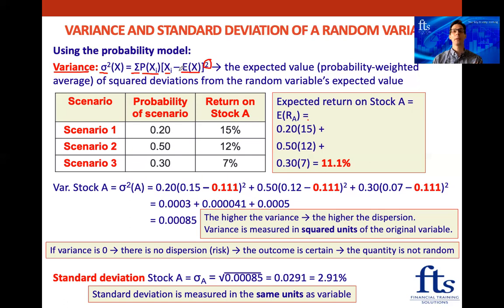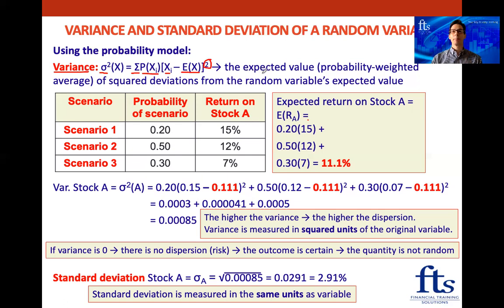So now we're going to call it the squared deviation from the expected value. And you might remember what we did before with variance. We took all of those squared deviations and we divided by the number of observations minus 1. But what we're doing now with the squared deviations, we're multiplying them rather by the probability of the outcome occurring. So that's the only difference.